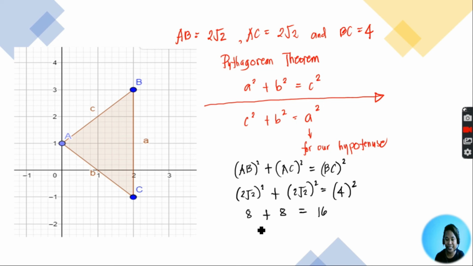So in our left side, 8 plus 8 is equal to 16 and the right side is also 16. So in this case, we can say that the triangle is a right triangle and we can also say that it is an isosceles triangle. So in our conclusion, triangle ABC is a right isosceles triangle.